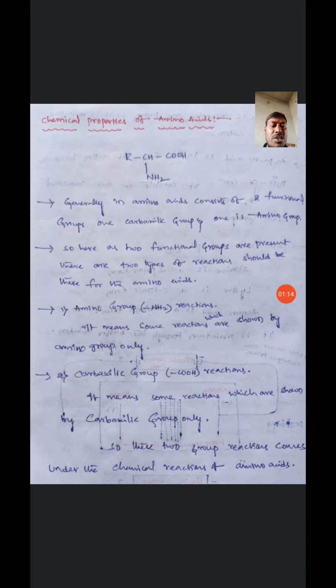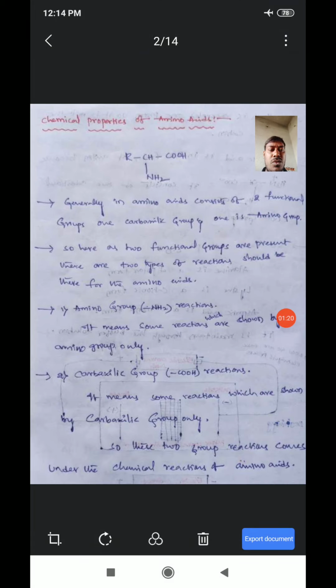As two functional groups are present, there are two types of reactions for amino acids.